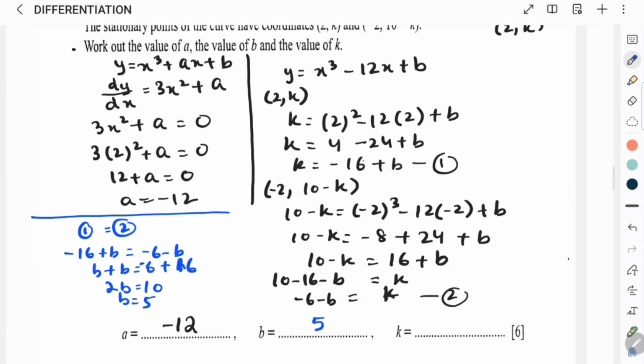Now what is left? k. Using either equation 1 or 2, k is equal to minus 16 plus b, so k is equal to minus 16 plus 5, which is minus 11. So we found the answer.